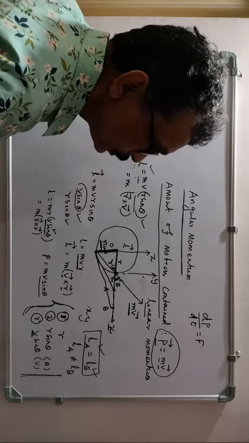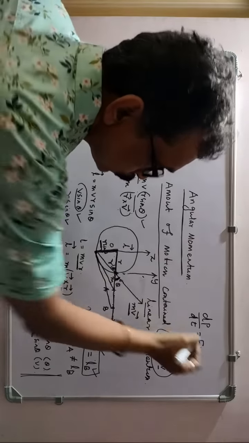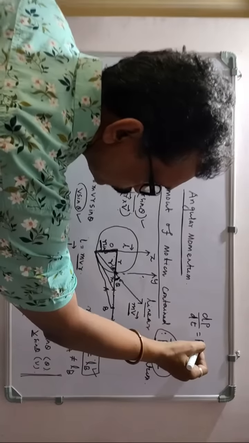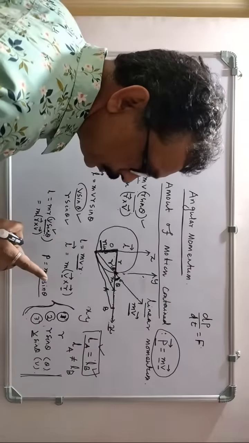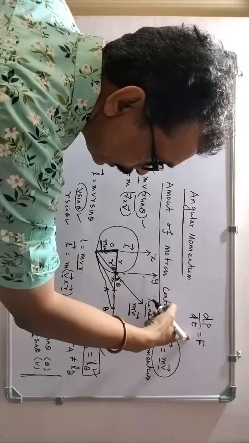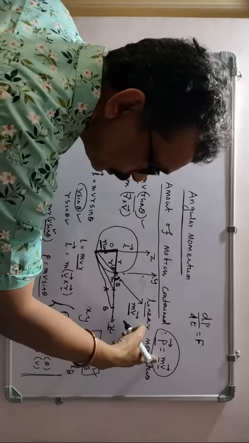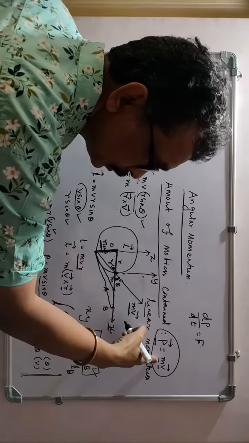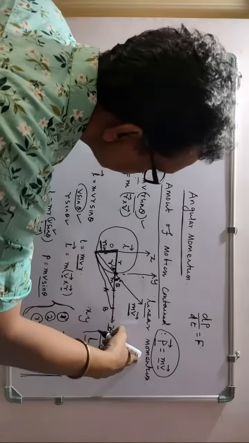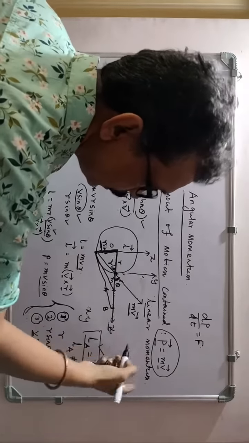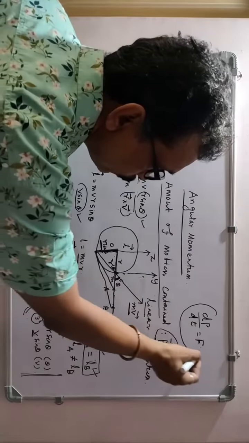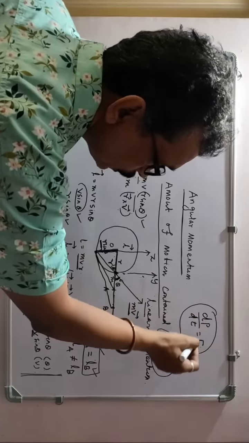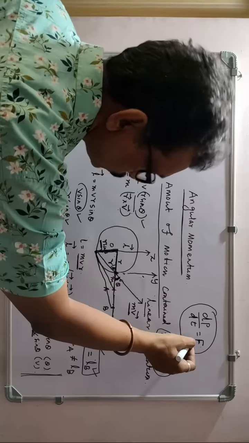That means in the absence of force, there is motion of the body, but when force is applied, the motion of the body changes. When the motion of the body changes, the momentum will change. That is why the rate of change of momentum will be equal to the force.